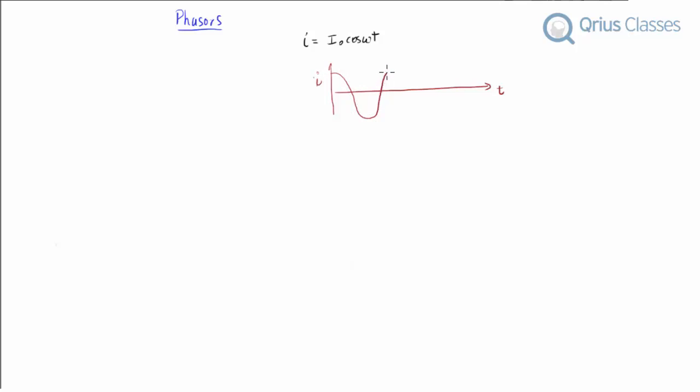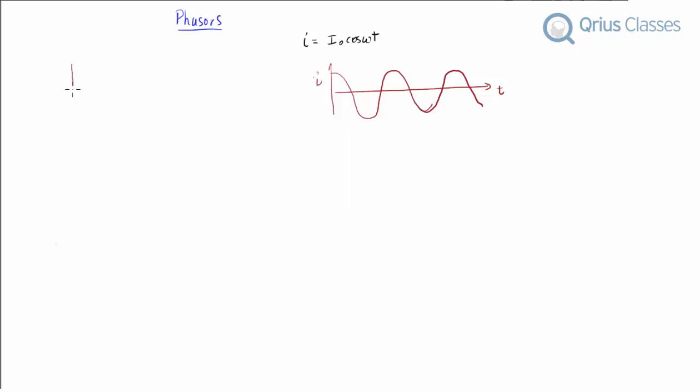It's going to vary like this, and this will be the variation of current with time. Okay, fine, but this does not give me any true picture. Can we construct a way to understand it in a much more simplified manner? That is why phasors were invented.